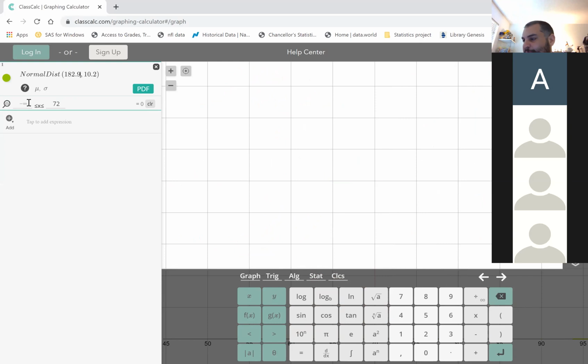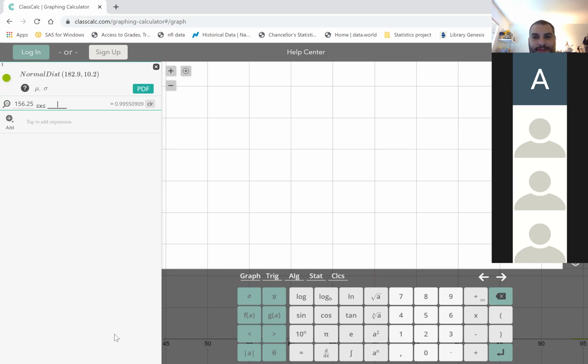And then for my lower bound I'll put 156.25. And then for the upper bound, you put infinity. So if you look, you should get 0.9955. Okay. All right. Everybody was able to get that? Yes.